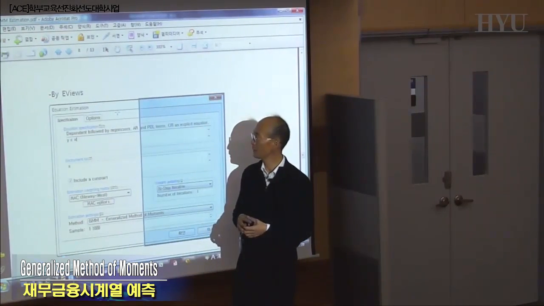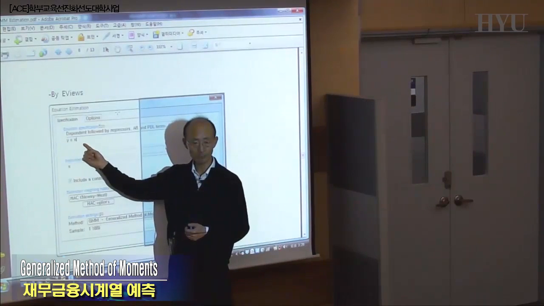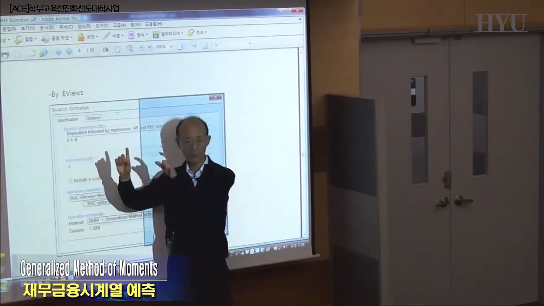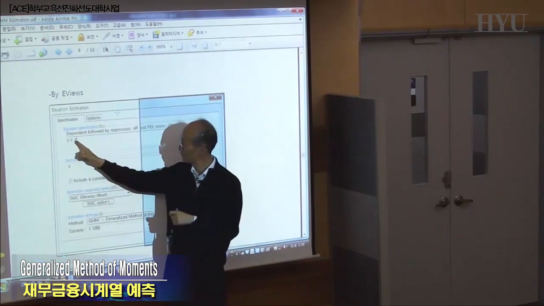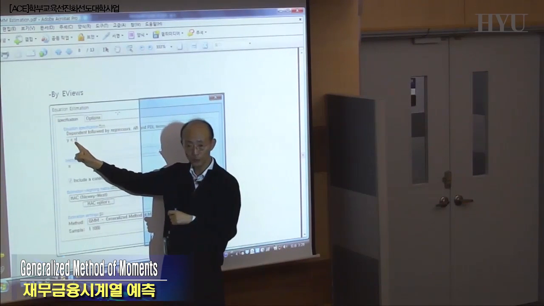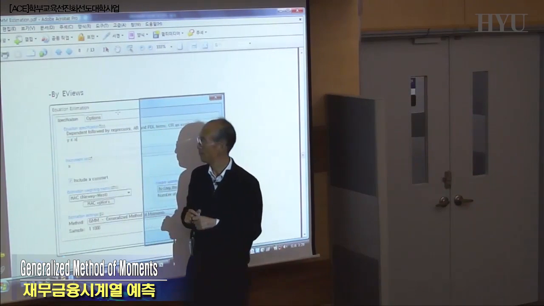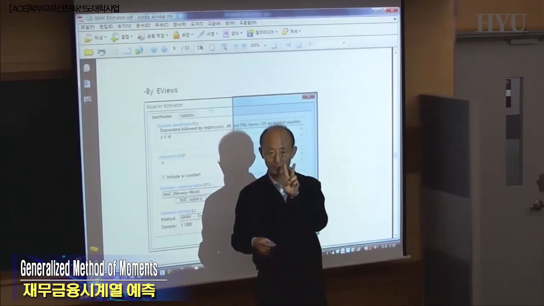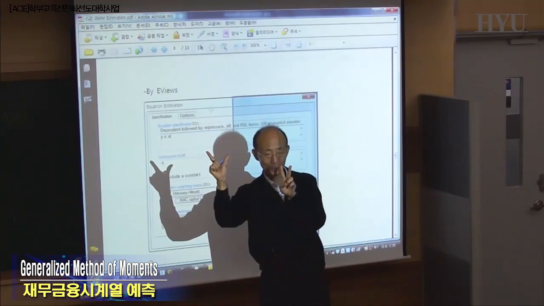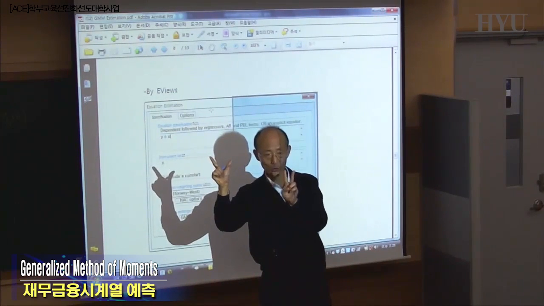Another way of saying it is, because we have a single equation with 2 parameters to be estimated, the intercept term and the coefficient, then we need 2 moment conditions. Because 2 parameters to be estimated have to be matched by the same number of moment conditions.